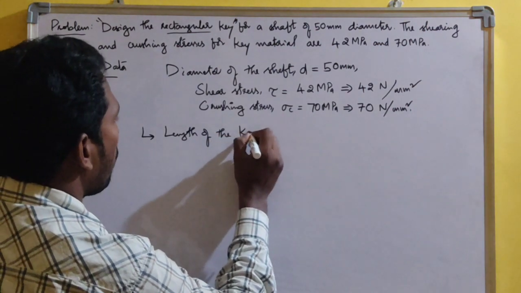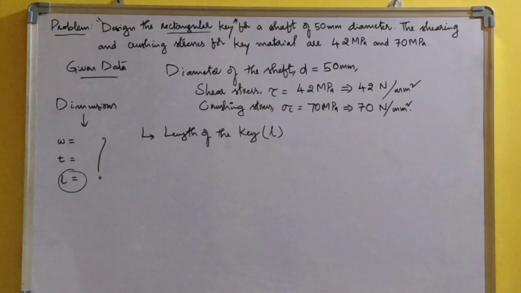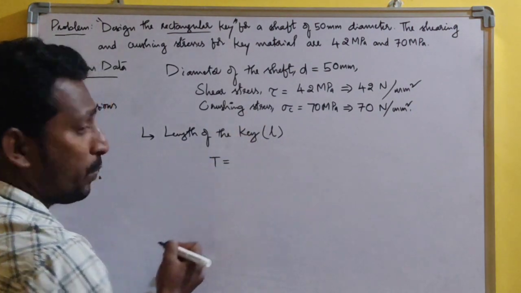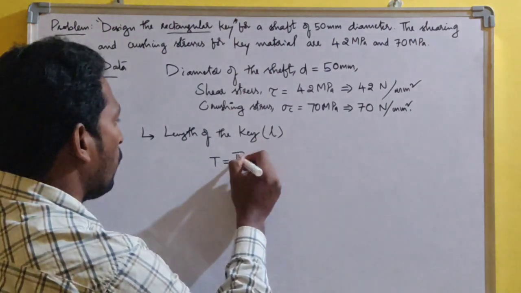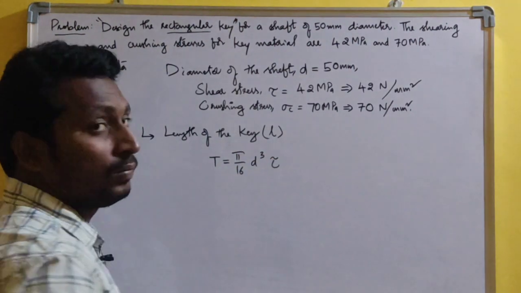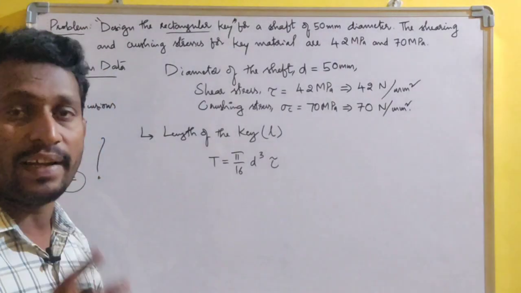From both, we find the length of the key, that is small l. As we know the relation, torque transmitted by the shaft equals pi by 16 d cubed into tau. We have twisting moment relations from the two design criteria.